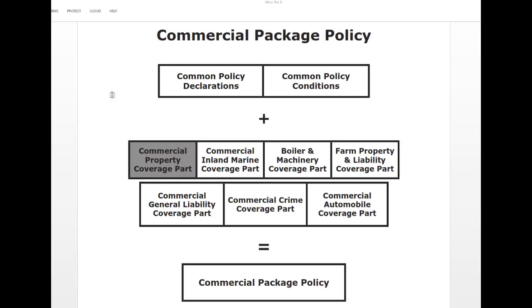homeowner's policy. And so here with the commercial package, we have this common policy and declarations and common policy conditions. If you add that to these coverages, we've got 1, 2, 3, 4, 5, 6, 7 coverages, and you get the complete commercial package policy.